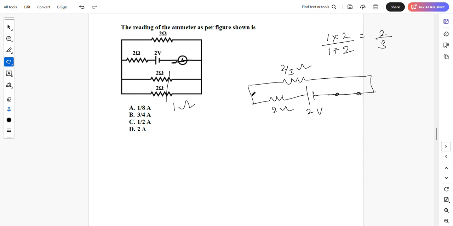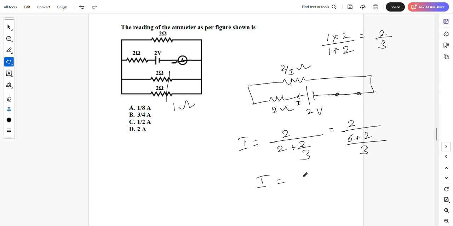Now what is the current here? What is the current flowing? Because the same current is flowing in this circuit, whatever current is leaving, the same current has to come back. I is equal to V by R. V is 2, divided by 2 plus 2 by 3, right? That is equal to 2 divided by 8 by 3, that is 6 plus 2 over 3.